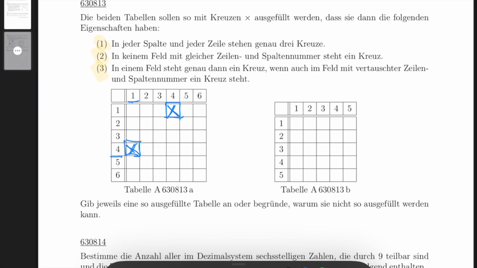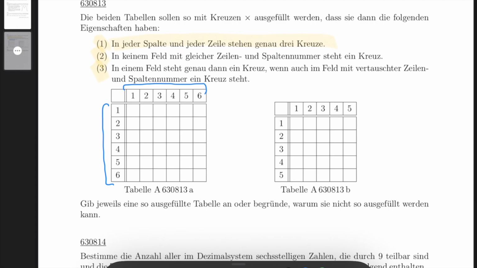When you start, we just follow the first rule. The first rule says there should be only 3 crosses per line, so we can already calculate how many crosses we have. The number of columns and rows should be the same.